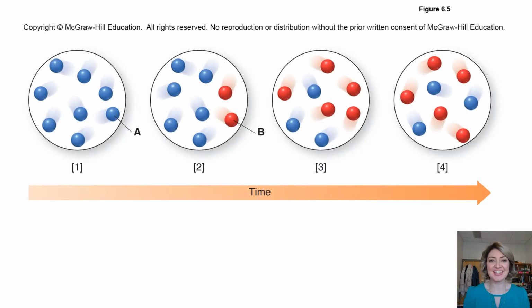All right, so let's look at a visual of what's going on. Here in number one, A is represented by these blue spheres, and B is represented by the red spheres.